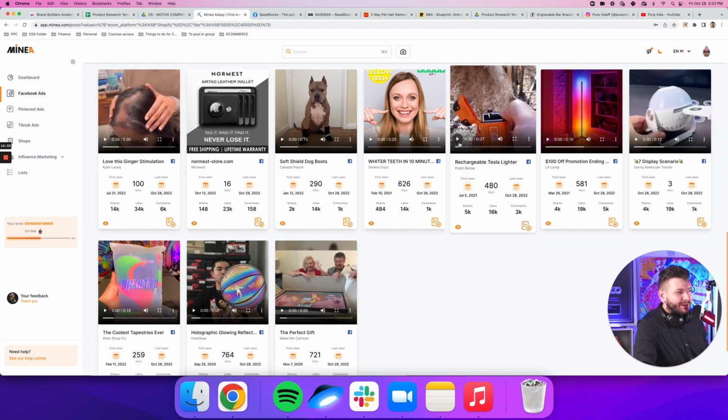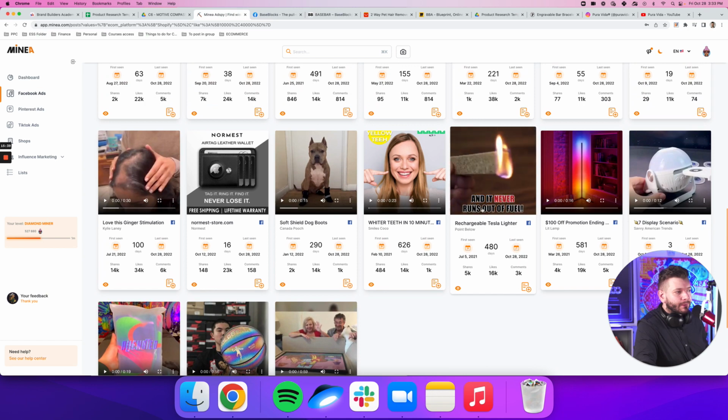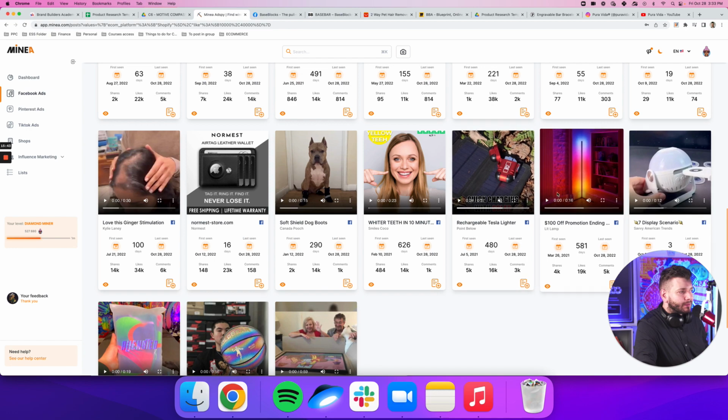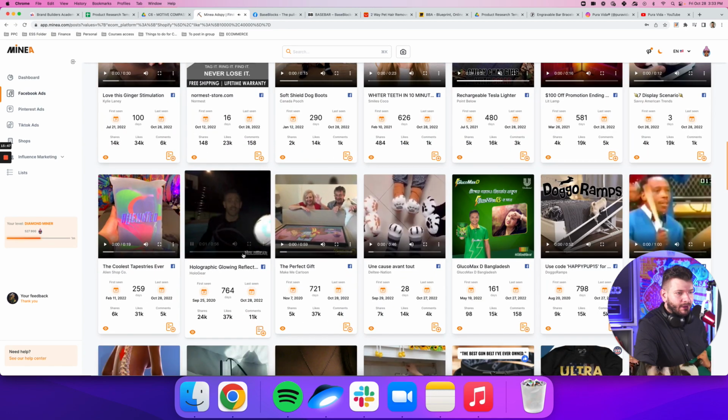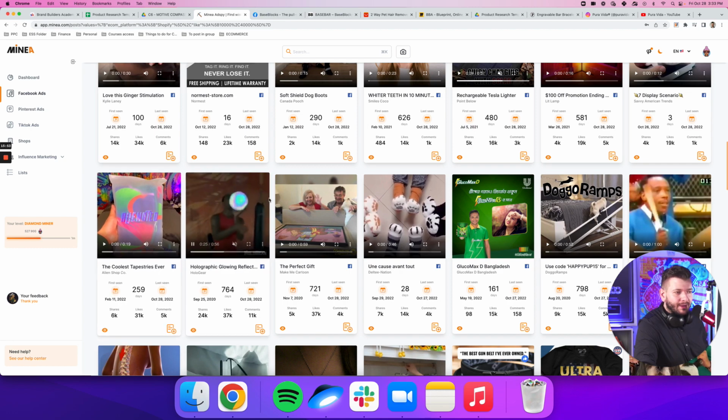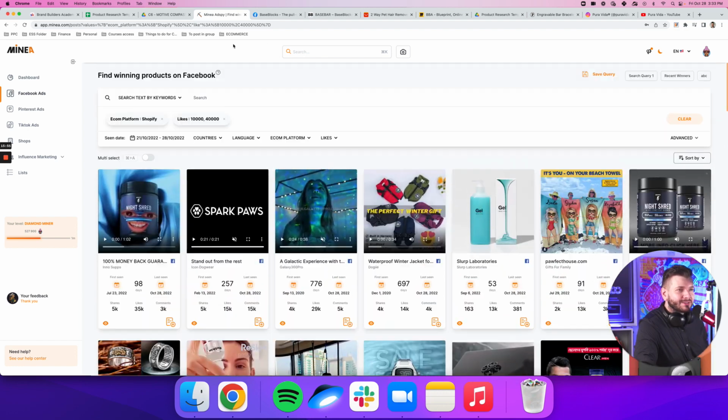Worked in the US market a long time ago. Right, okay. Tesla LiDAR, right? Not bad at all. I have here a glowing reflector ball. Interesting. So many cool products here.